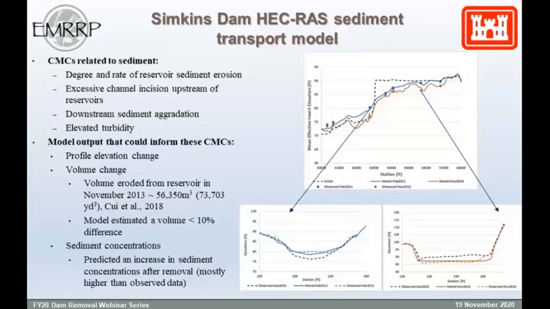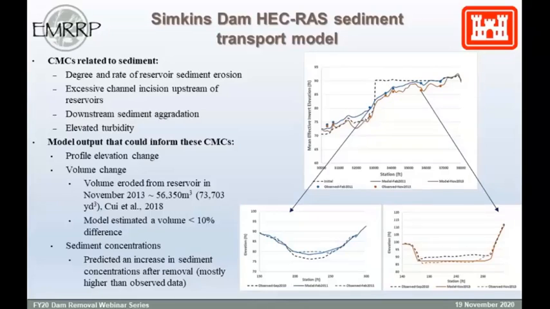Something else that we looked at from the model was the volume change. So I was able to look at how much volume of sediment was eroded from the time the dam was removed to the survey of November 2013. From a study that Cooley et al. 2019 published, they estimated that from removal to the survey of November 2013, about 56,350 cubic meters of sediment were eroded from the reservoir.